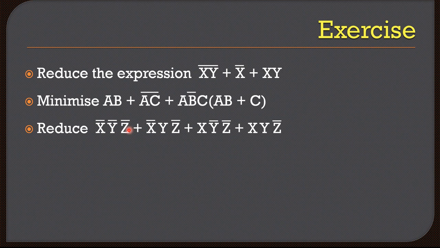Otherwise, X' and Z' are identical, so you can take them out and remove that. Same way, XZ' is identical and you can take it out. So it is not necessary that you take only the first two variables. You can take the first and third, or second and third, and then separate and minimize. This is how you can solve it, and try to do that in your notebook.